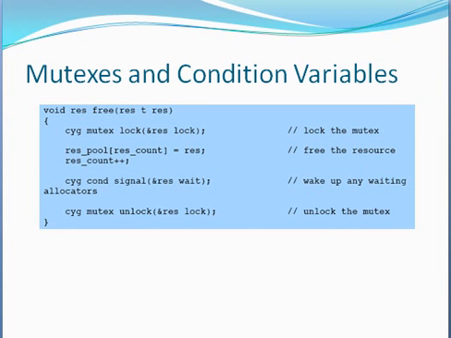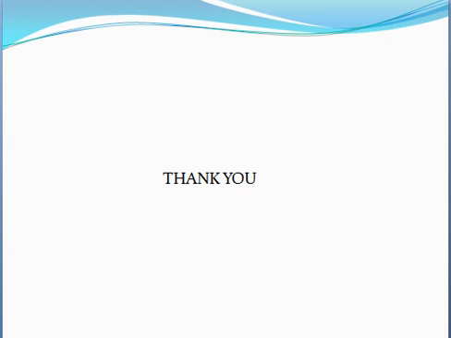Next is cyg_cond_signal. It wakes up one of the threads waiting on this condition variable, causing that thread to become the owner of the mutex. Next is cyg_cond_broadcast. It wakes up all the threads waiting on this condition variable. Each thread that was waiting on the condition variable becomes the owner of the mutex when it runs.